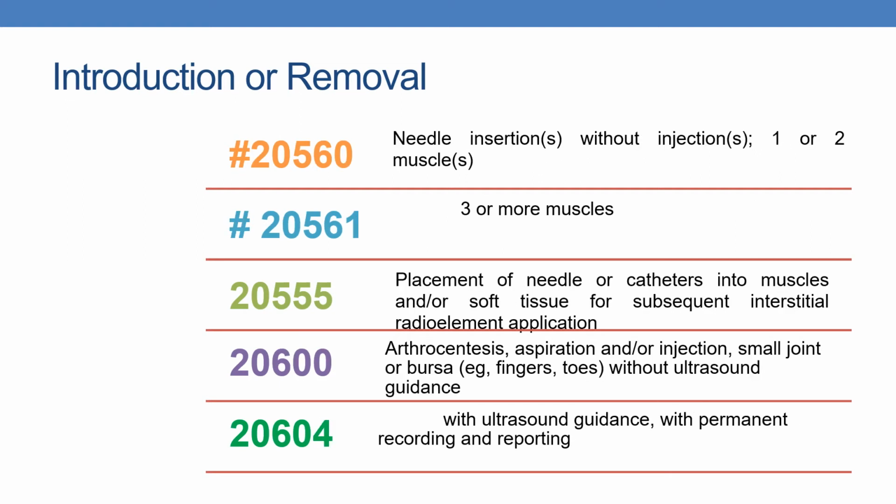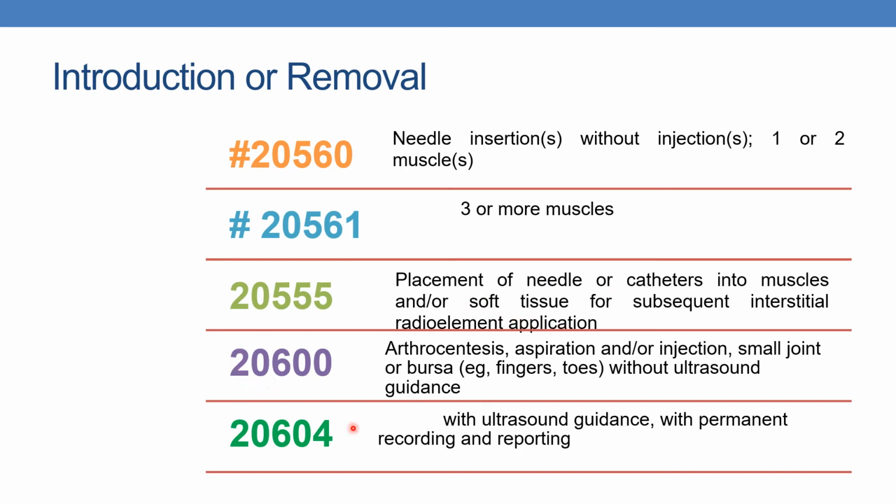The next CPT is out of numerical sequence, hence it is indicated by a number sign. 20560, needle insertion without injection, one or two muscles. The next is 20561, needle insertion without injection, three or more muscles. The next is 20555, placement of needle or catheters into muscle or soft tissue for subsequent interstitial radioelement application.